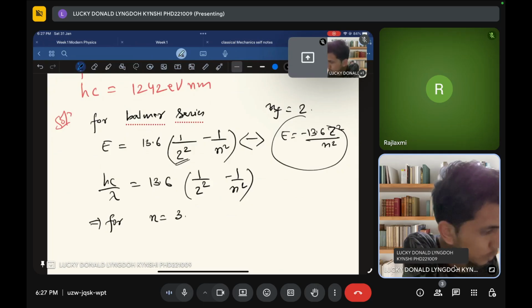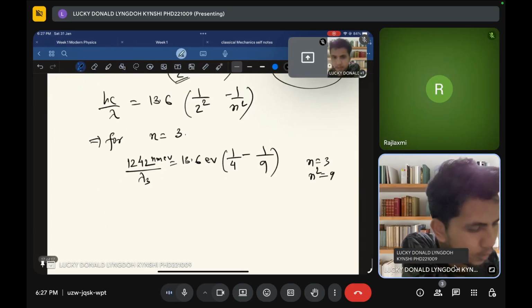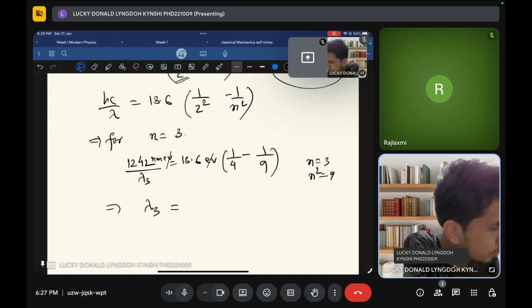So you can take hc, which is already given to you, 1242 electron volt nanometer, divided by lambda 3, equal to 13.6 electron volt times 1 divided by 2 square, which is 4, minus 1 divided by 9. Why? Because n is equal to 3, so n square equals 9. The electron volt and electron volt get cancelled, and lambda 3 will be equal to 657 nanometer.